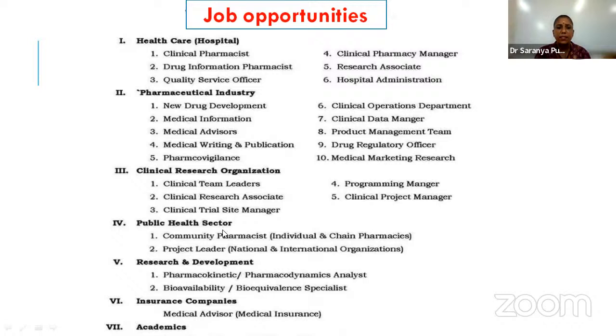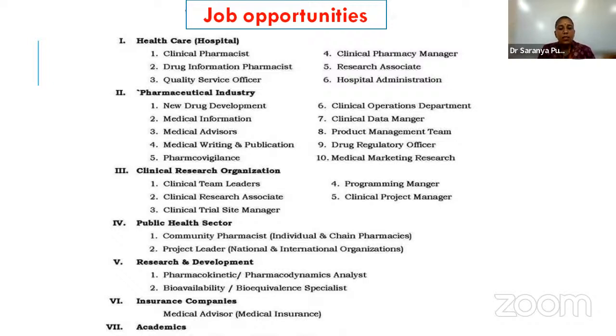In public health sector, you could be a community pharmacist, either in an individual or a chain pharmacy. You can be a project leader. And in research and development, you could be a pharmacokinetics and pharmacodynamics analyst, a PKPD analyst.